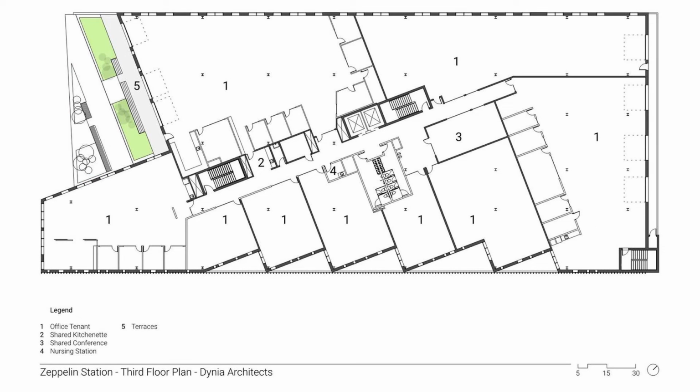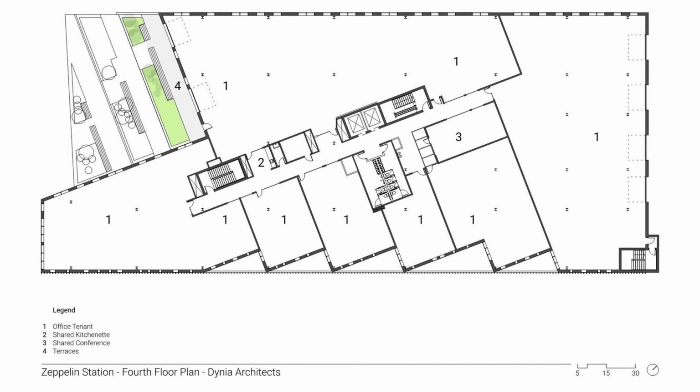And so the architect's graphic strategy here, as you go up each level, you're seeing the green of that level's patio, and then you can see the space below it as well. So as we go up every level, you'll see that floor's patio, and then you'll see in a lighter line weight the patios below. So it's a nice way to indicate what's at the current section, or the current plan view, and then what's happening below.